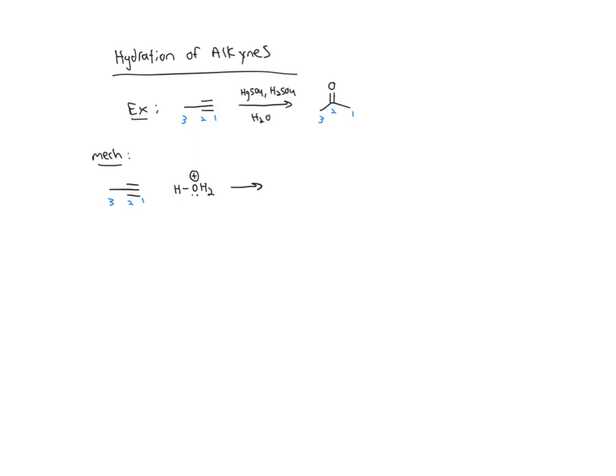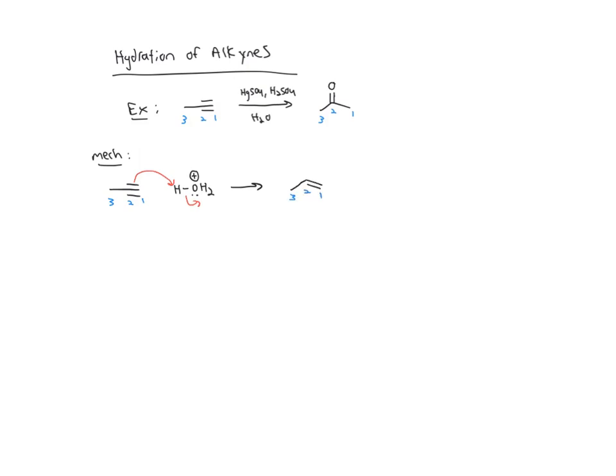So with our H2SO4 in our water, we saw that that can make H3O+, and so we're going to write it out like that. We are going to have that same first step happen when we're grabbing that H and we're kicking off the water in this case. We're going to draw this similarly to how we did in our hydrohalogenation of our alkynes video.